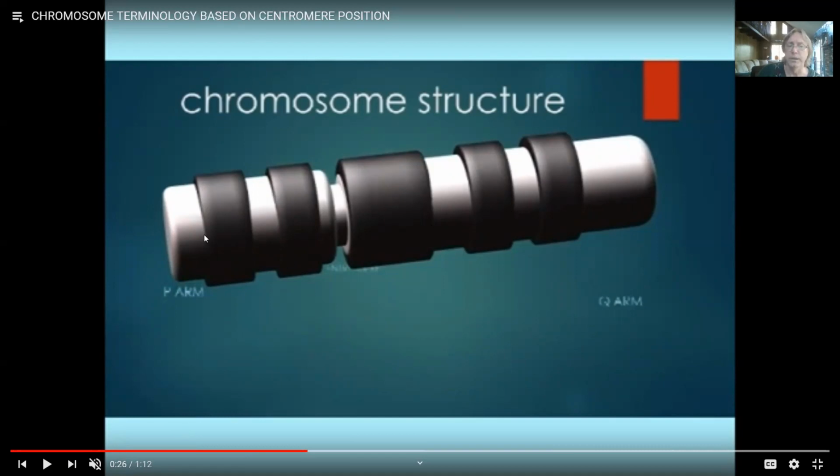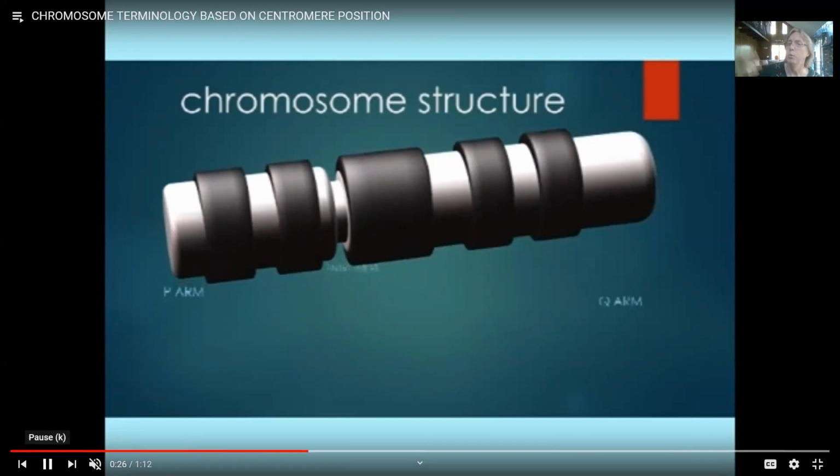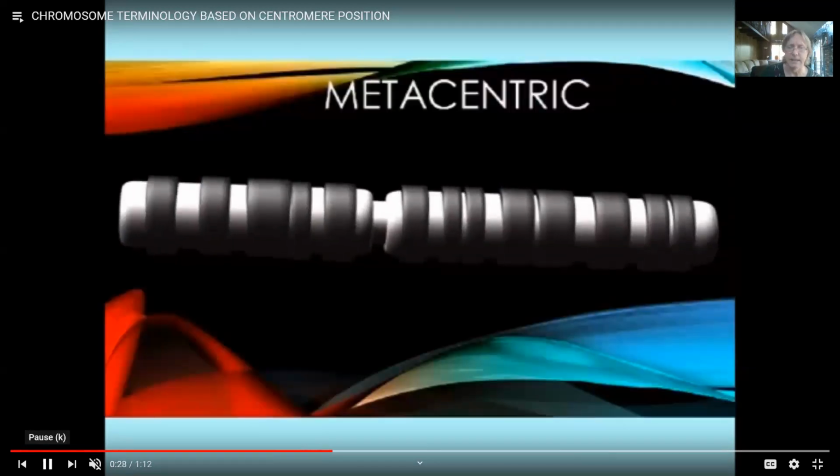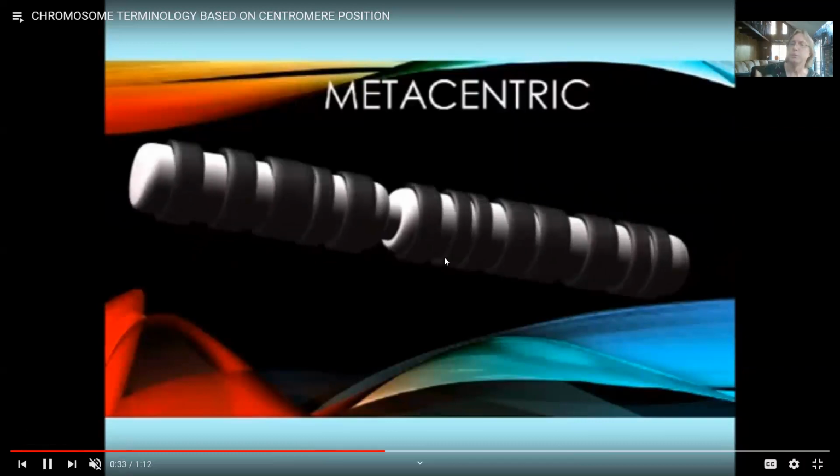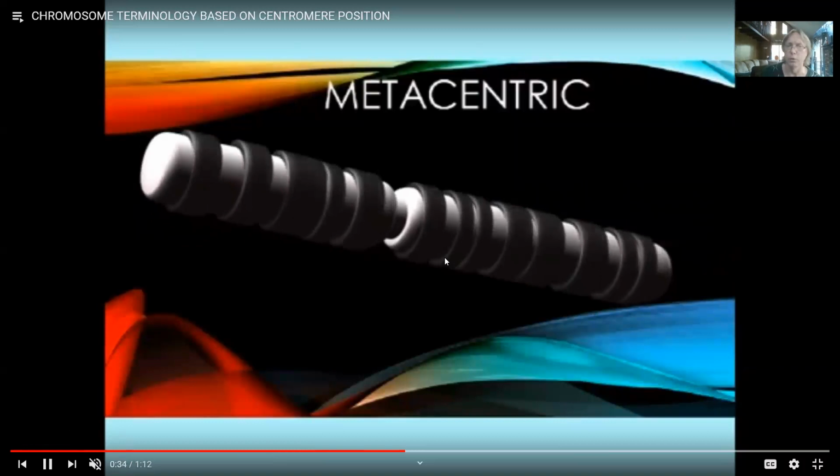And so if we were then to start giving locations on the chromosome, a gene could be located on 5p12. So 12 is a region on the P arm, the short arm of chromosome 5, or 5q19, etc. If the centromere is about in the center of the chromosome, that chromosome is called a metacentric chromosome.